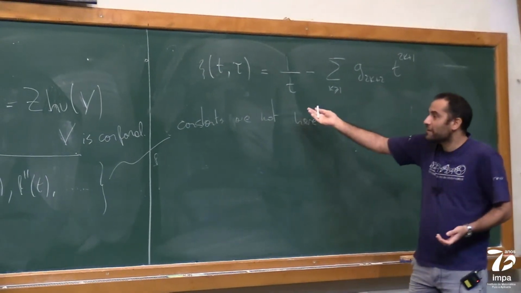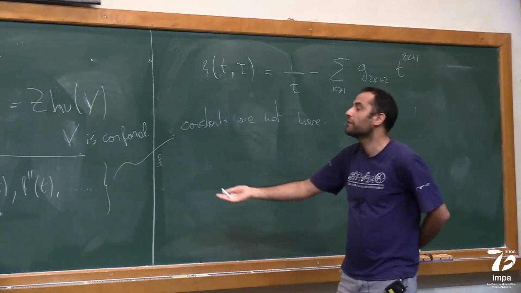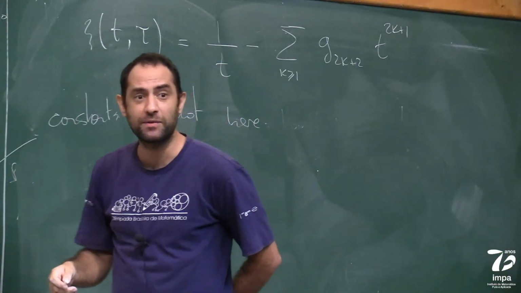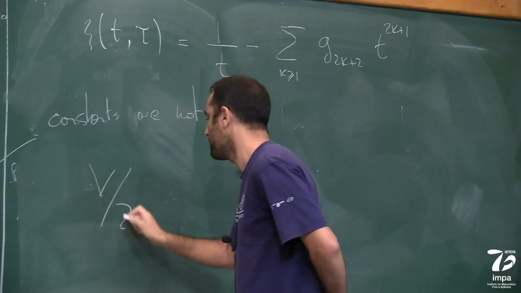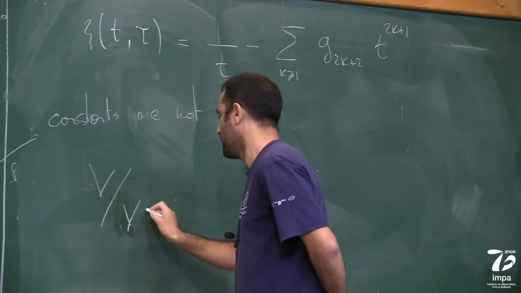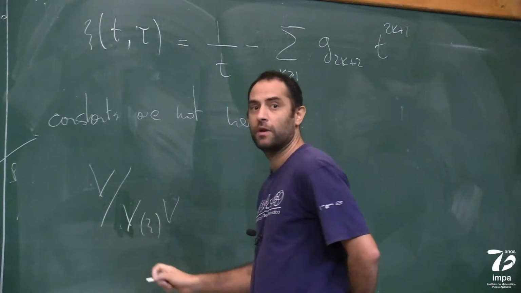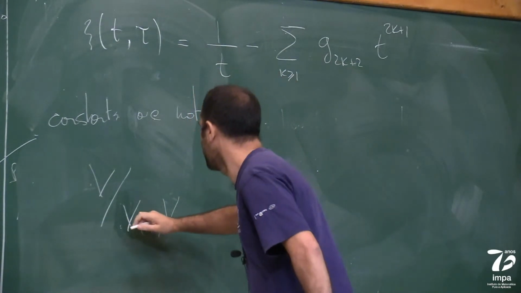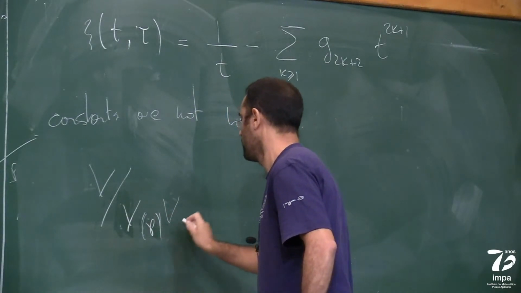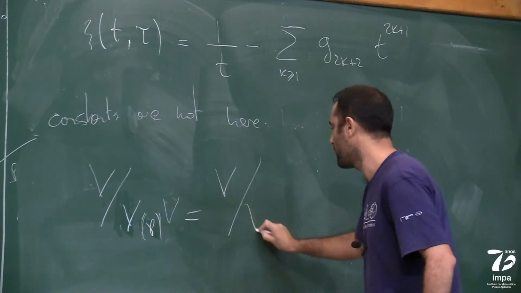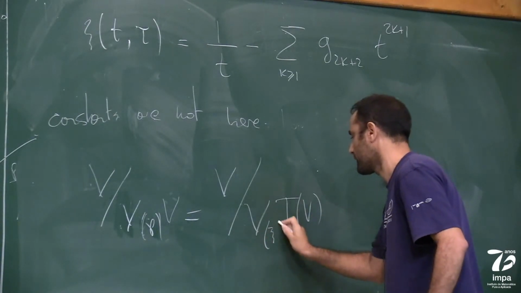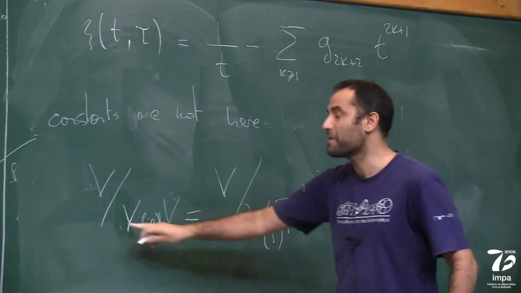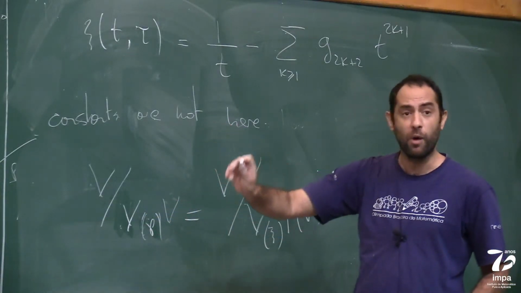So the Weierstrass zeta function does not give us an example of an associative algebra, but still the quotient of V divided by V with the Weierstrass zeta product appears naturally in the theory of chiral homology.